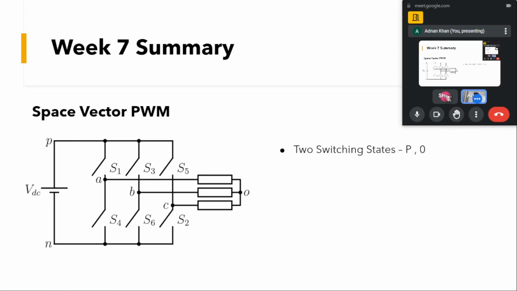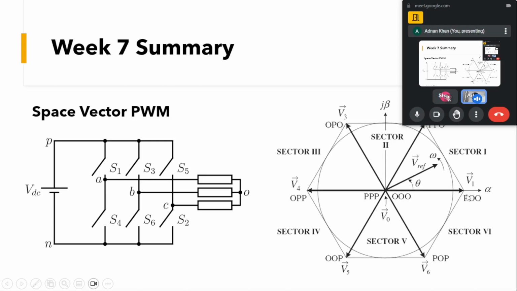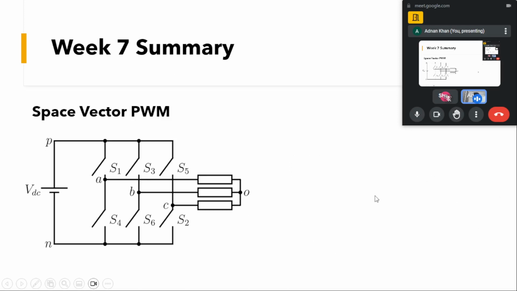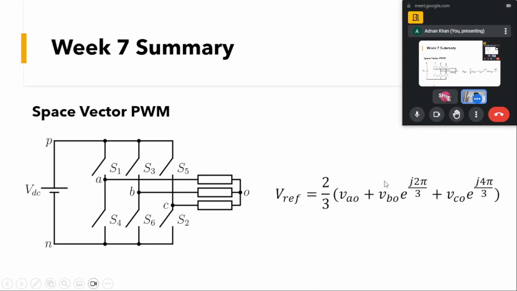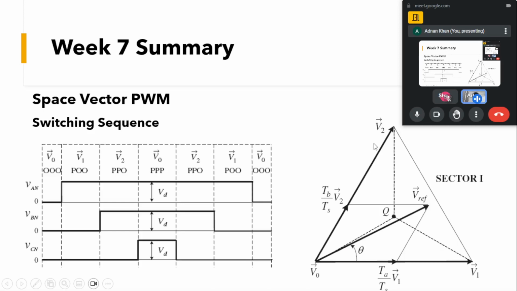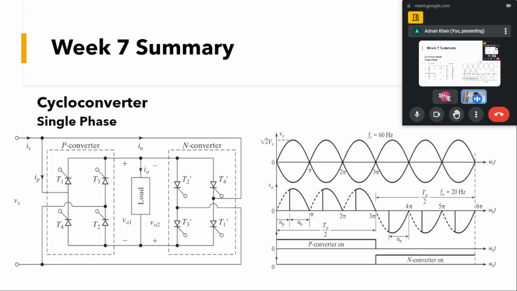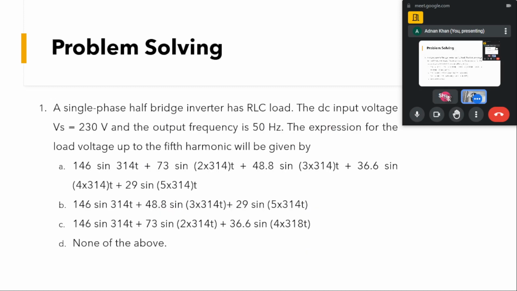We discussed space vectors, what the different switching states possible in the three-phase are, the representation of this vector in a plane, in a space, for certain positions, and how we can attain this vector at different positions and how we will be switching. Then we moved to AC converters, and then towards this matrix converter. So this was about the topics that were discussed during this week.